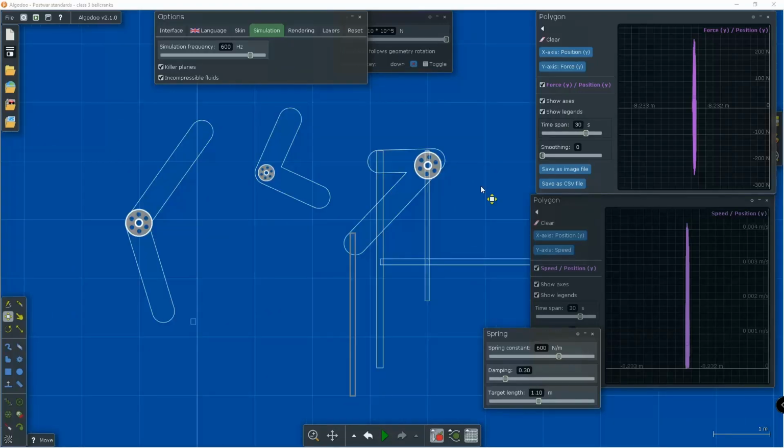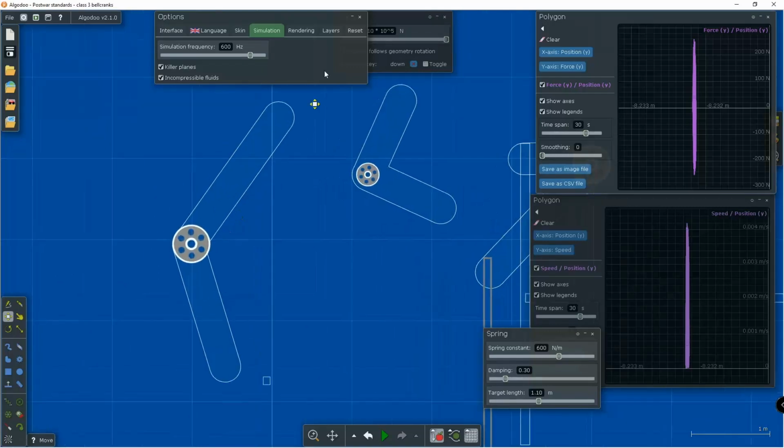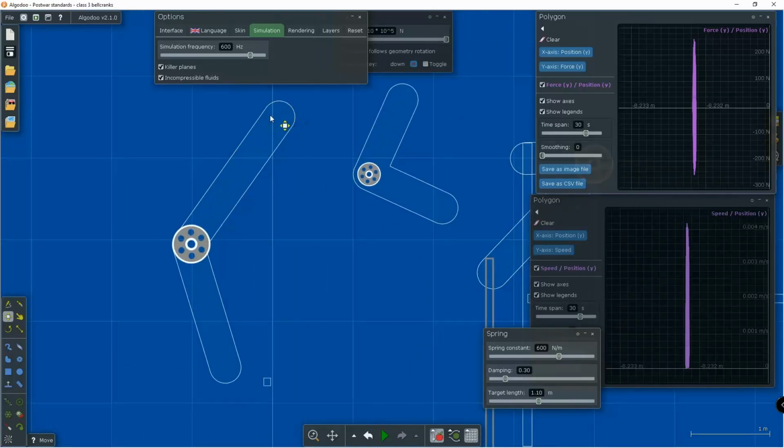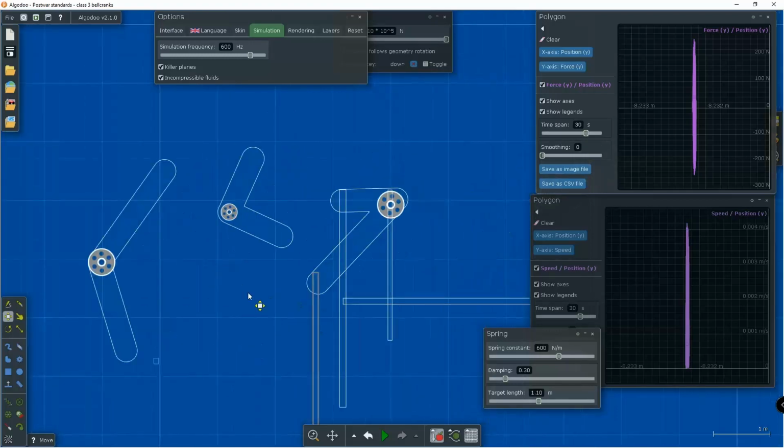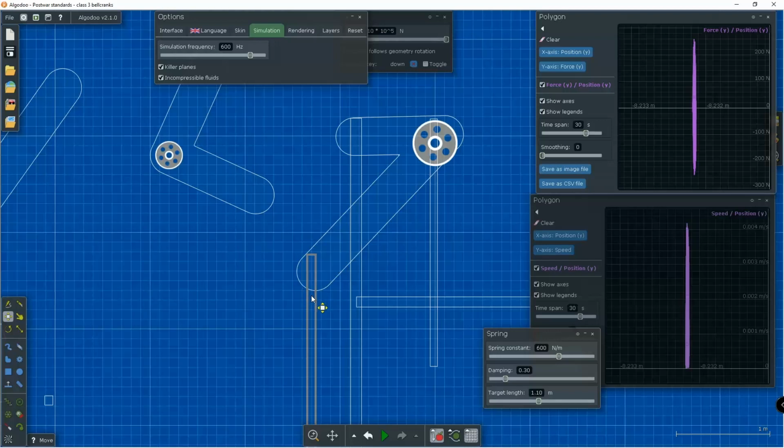Given that, I will now claim without rigorous mathematical proof that for all Bellcranks of any shape, that is, with an effort and load arm of non-zero length and that are not collinear, there will always exist an angle for the effort vector corresponding with any one of the 5 Bellcrank classifications, namely 1, 1.5, 2, 2.5, and 3.